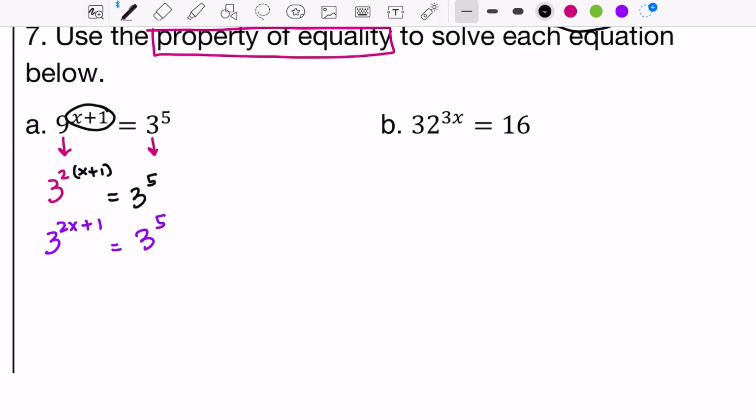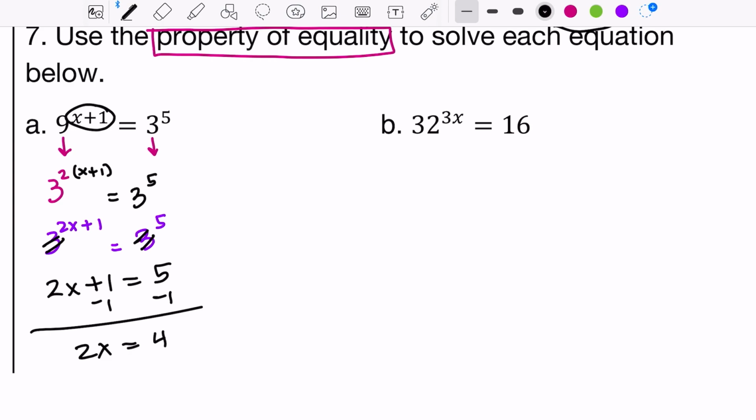What we're saying now is because the bases are equal, this is that property of equality. We don't really need to focus on the bases anymore. Let me reverse this a few steps because I just caught my mistake, silly goose.